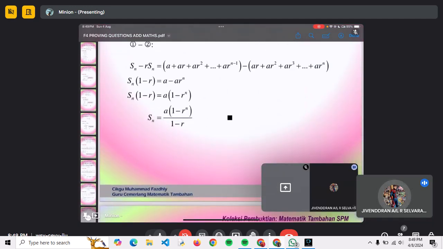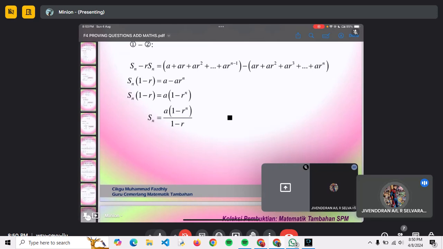Okay, so Sn minus rSn equals a plus ar plus ar squared and so on until ar to the power n minus 1, minus ar plus ar squared plus ar cubed and so on until ar to the power n. Since we know Sn is the same, we can factorize Sn out. So we'll get Sn(1 minus r) equals a minus ar to the power of n.